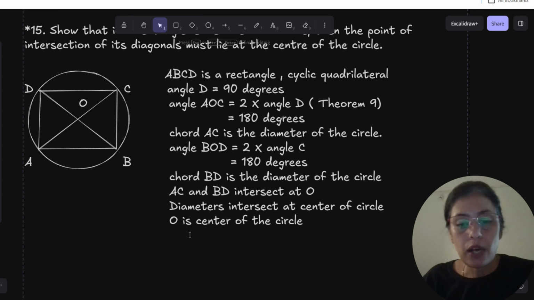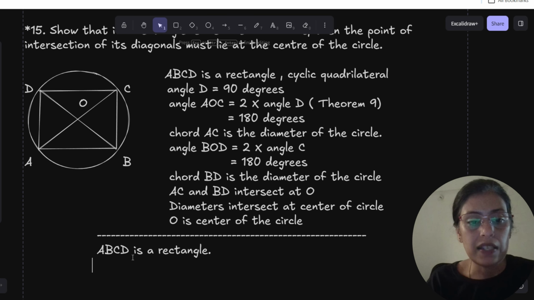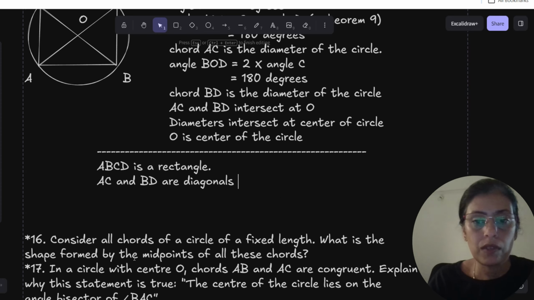There is also another method by which we can prove this, right? And that is, ABCD is a rectangle. That is something which we have been given already. And then AC and BD are diagonals of a rectangle.